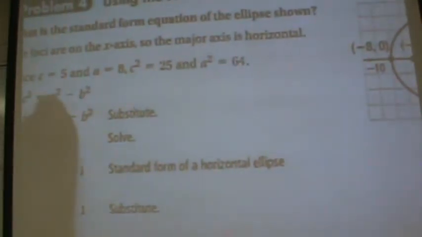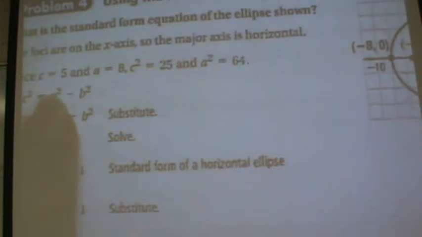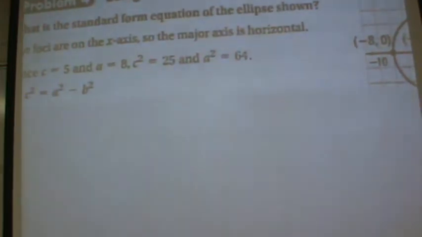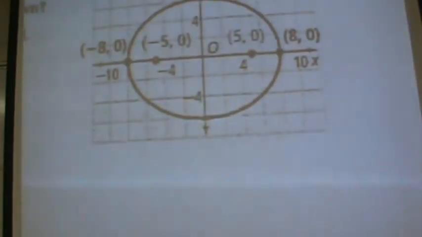Okay, this problem says, what is the standard form of the equation of the ellipse shown? They give you this picture right here. So let's study this for a second. Where is it elongated, on the x or the y-axis?